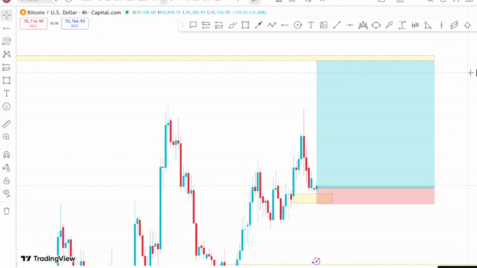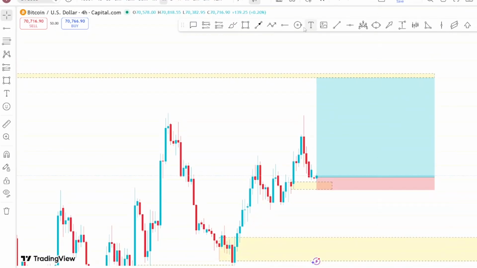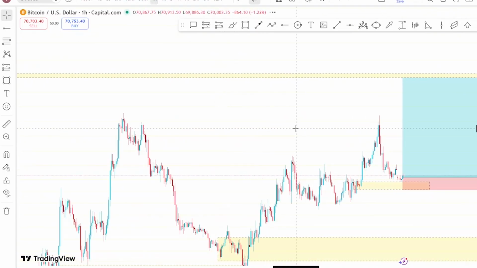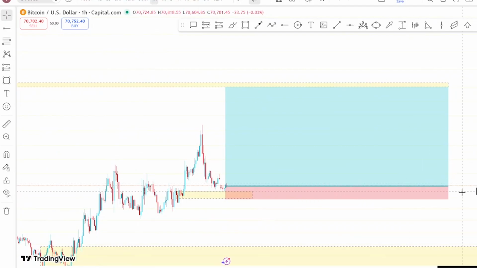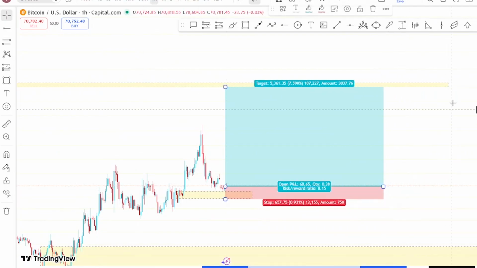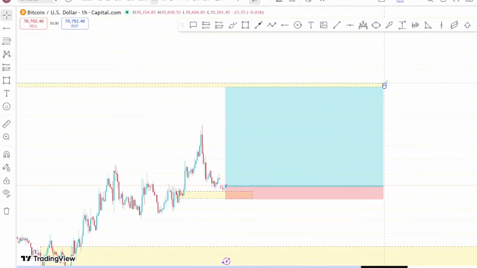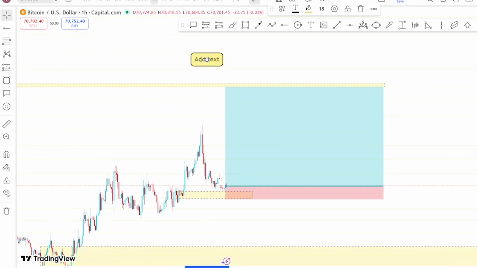I'm going to share this one also in the community, and the same on the YouTube channel. And this is BTC USD, 1 hour time frame. Okay, we are looking for buy.